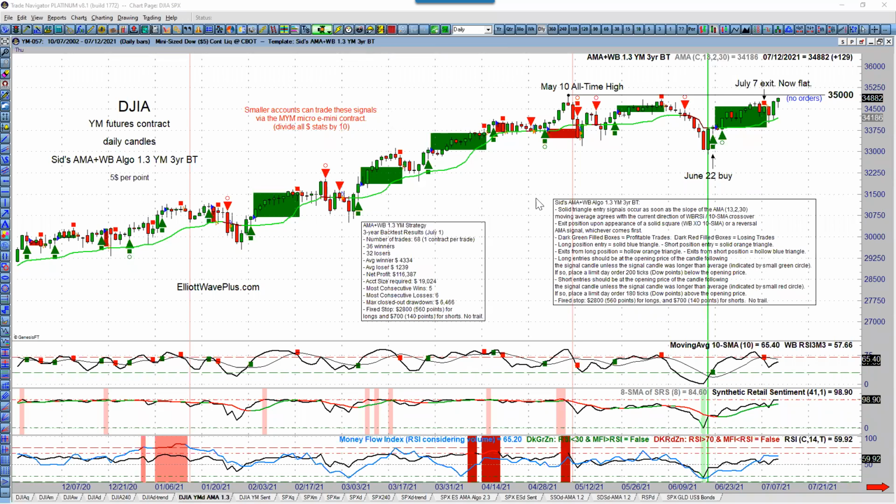All of our signals occur on daily charts, and we should show you right here what the settings are on that adaptive moving average. There are 13, 2, and 30. The adaptive moving average was created by Perry Kaufman, and he stated in his book about it many years ago now that you want that third digit to be a 30 always on everything.